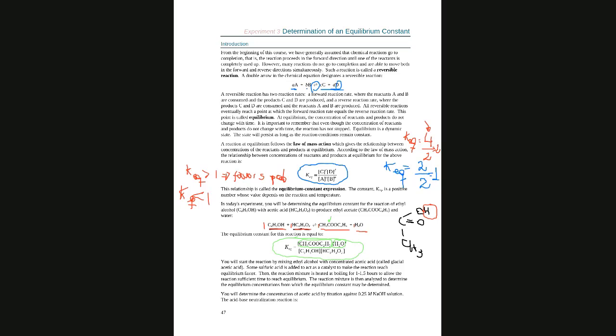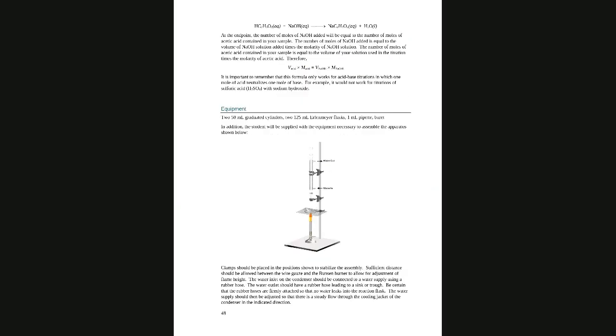Let's see what else it says here. Okay, how are we to do the titration? This is going to be an acid-base titration. So this one is the acetic acid. We are only going to titrate the acetic acid.